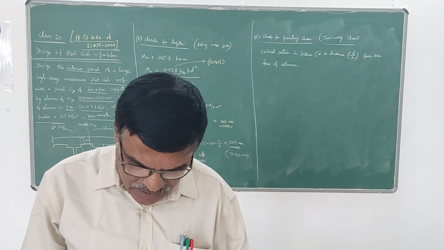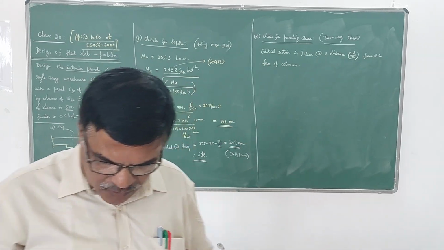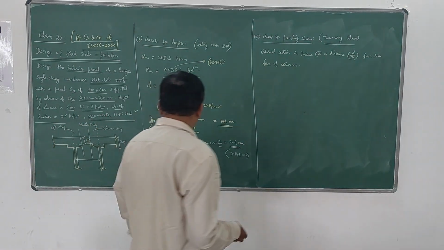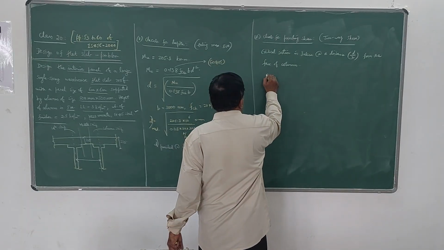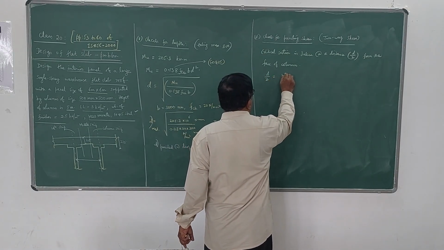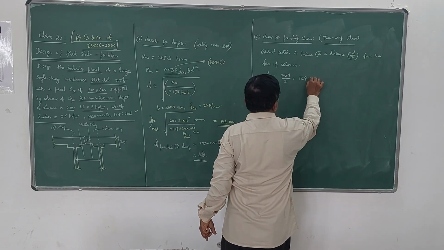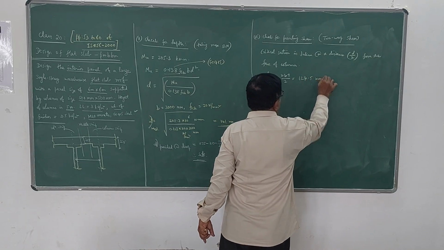So here the value of d by 2 is 249 divided by 2, correct? D by 2 is 249 divided by 2, which is 124.5. Okay?